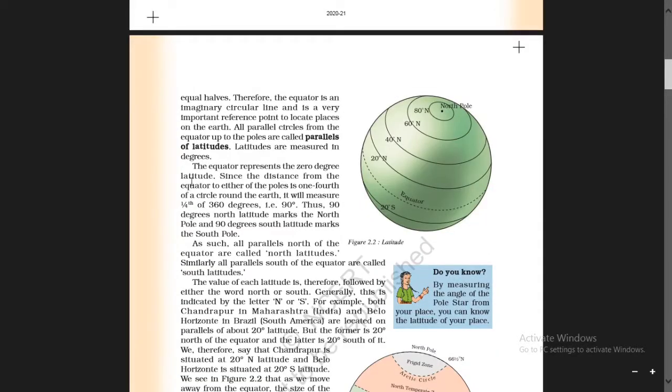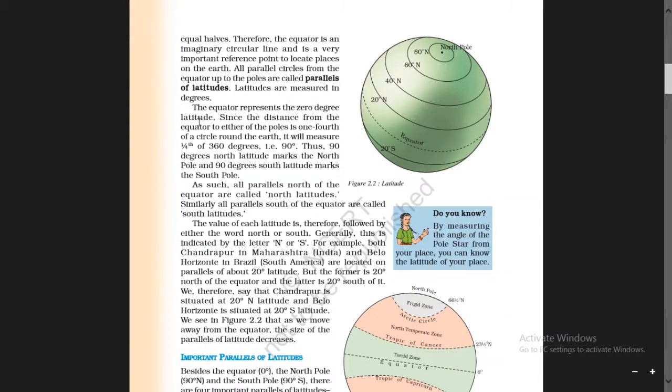You see in the figure, 20 degree north, 40 degree north, 60 degree north, 80 degree north, like that. Then if it comes down from the equator, it will again be in degrees as 20 degrees south, 40 degrees south, 60 degrees south, and so on.